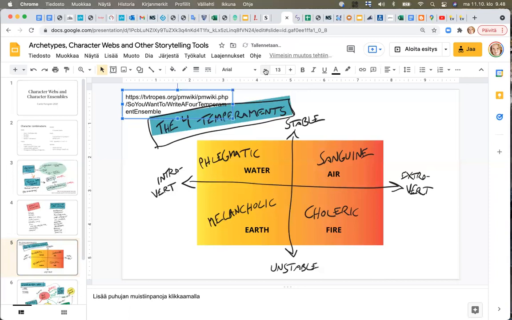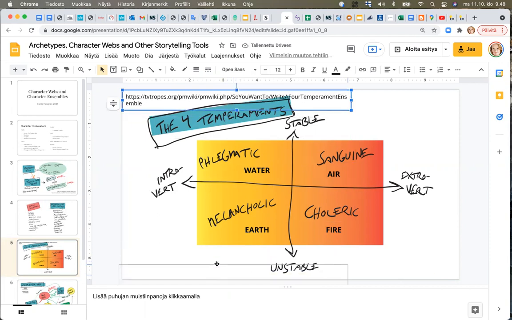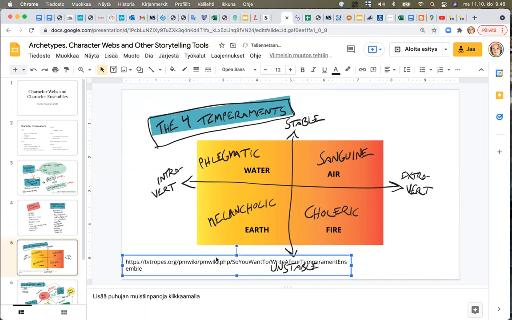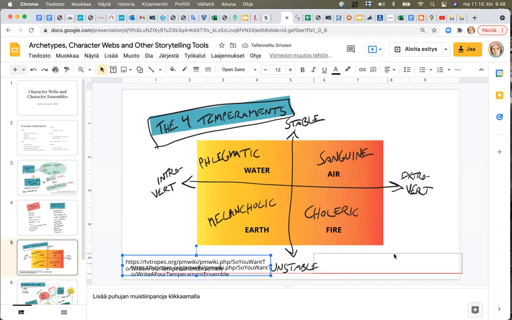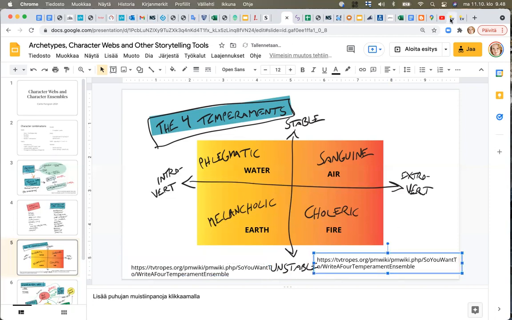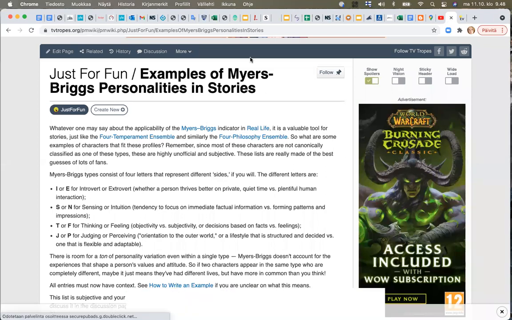Okay. The other link. The Myers-Briggs personalities and stories.